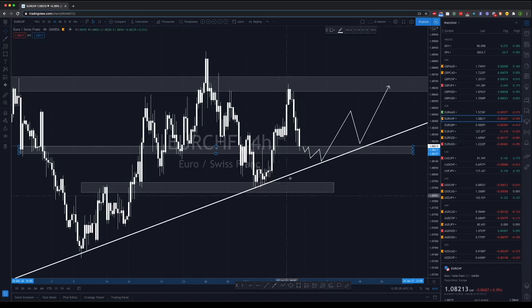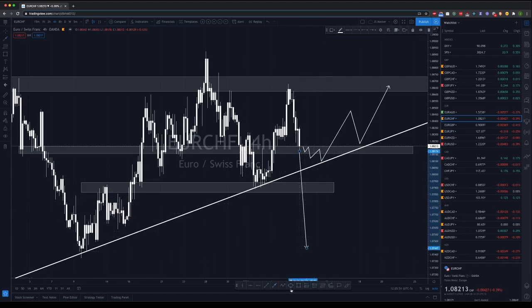Alternatively, as I said, if it continues to move lower, I'll see how it interacts with this level here, because as you can see, you have this level here, this level here. So I'd like to see how it interacts with here if it comes down. But even if it does break through and come back to this level, this is another level, right? So there's a few areas of support that need to be disrespected before my bias changes to short.